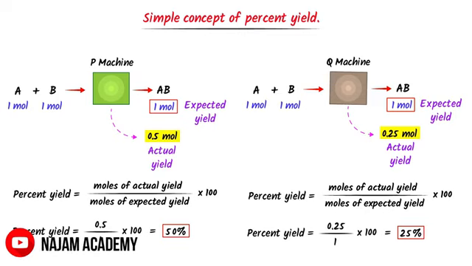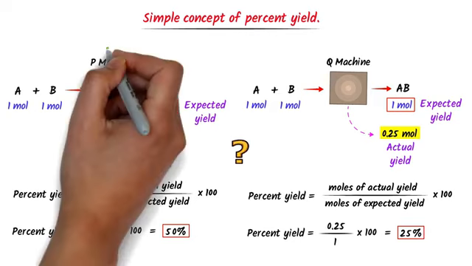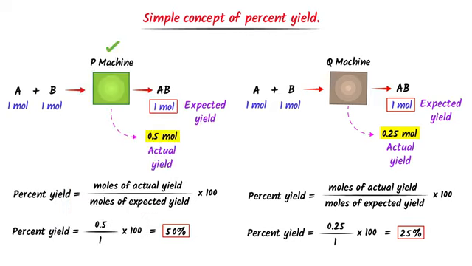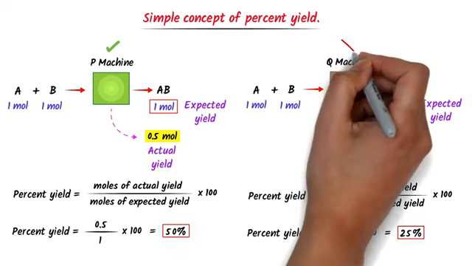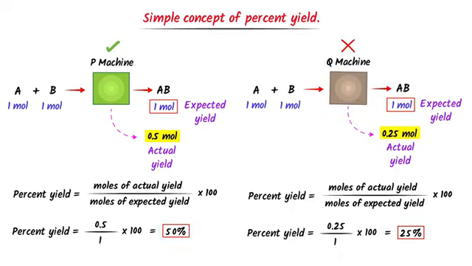Now here, if I ask you which machine will you buy, the answer is P machine because it is not wasting reactants and gives maximum products like 50% yields. While I will not buy this Q machine because it is wasting reactants and gives only 25% yield.